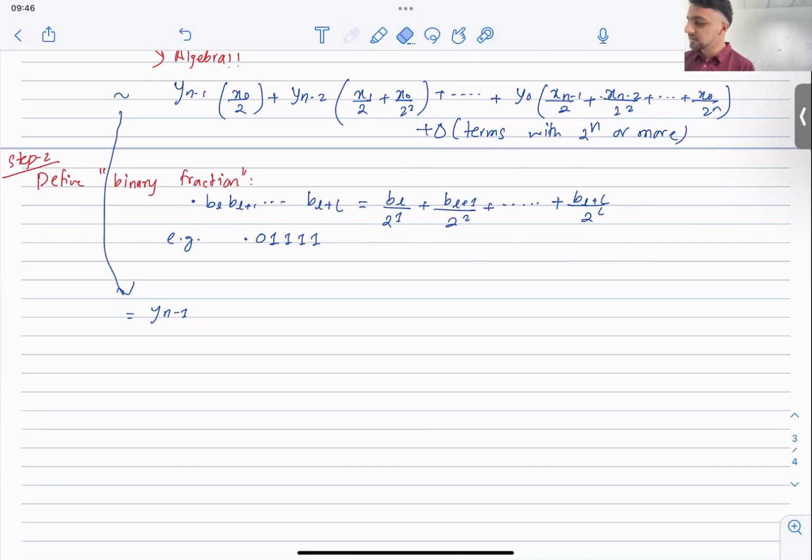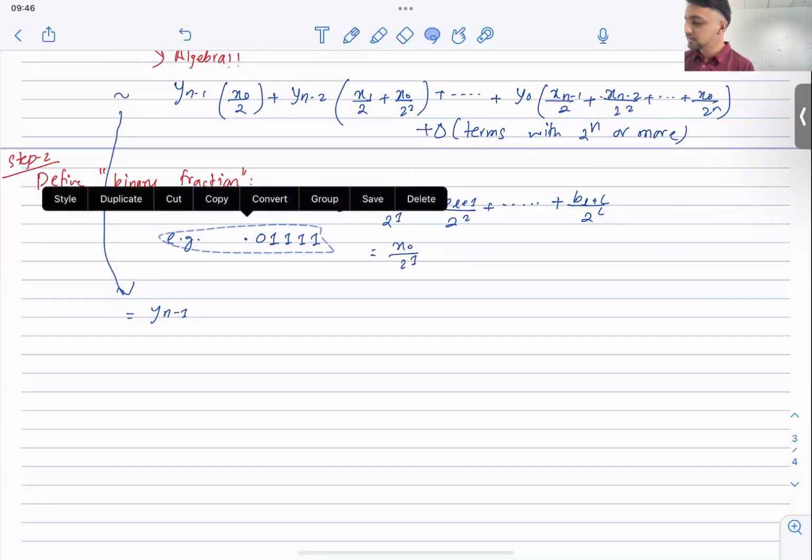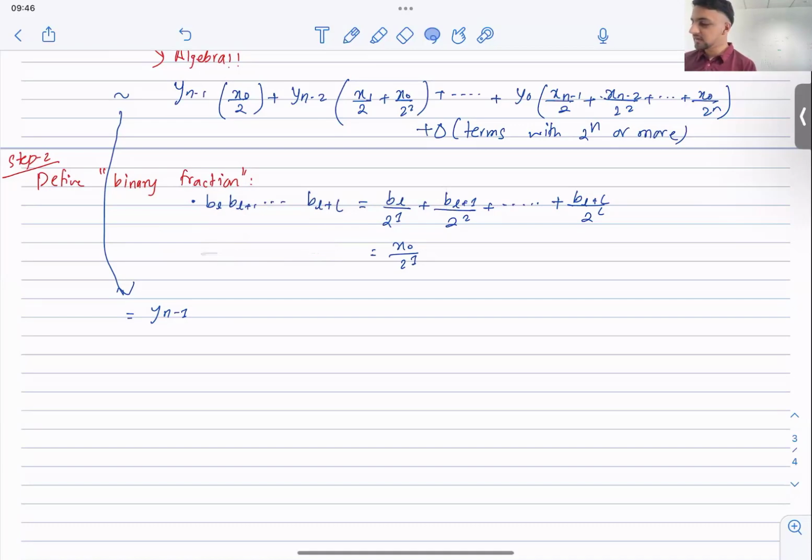So I basically have x0 divided by 2 to the 1, right, on the right side. So what would be my left side as a binary fraction? So this is just using the definition, right? So any guesses?